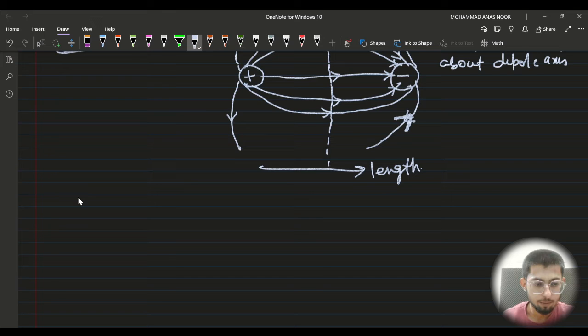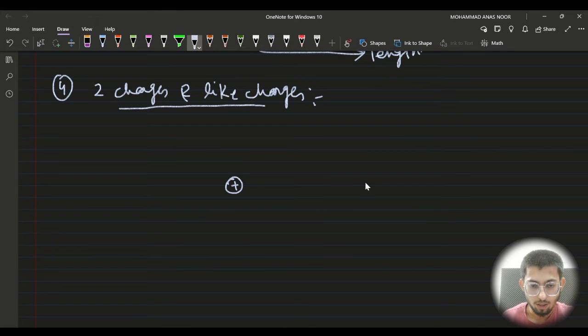Okay, let's take a positive charge and another positive charge. Now here both of them are positive, so we cannot draw electric field lines starting from one and ending at another. In any case they would be going away from the positive charge, like this. Since both are positive, they are not coming close to each other, because they will repel, right?